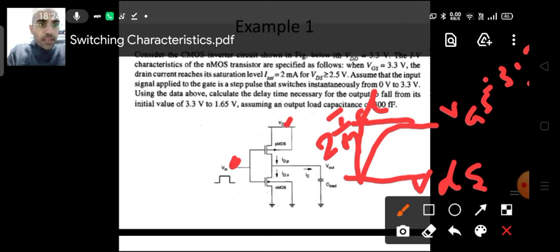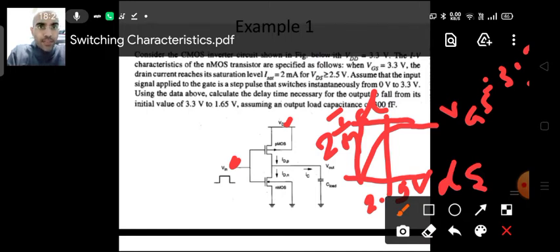So VDS is somewhere at this point reaching saturation; VDS is equal to 2.5 here on the x-axis. This voltage is given as the saturation voltage, at which saturation is reached.